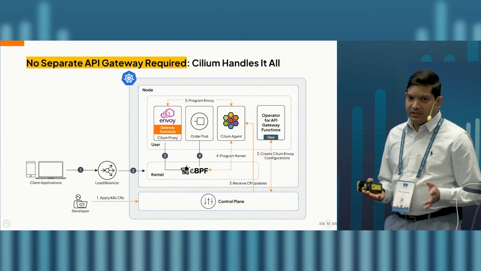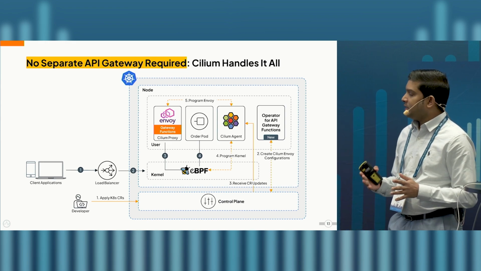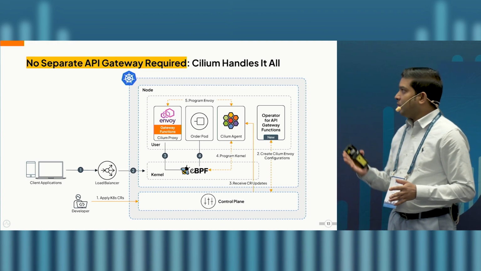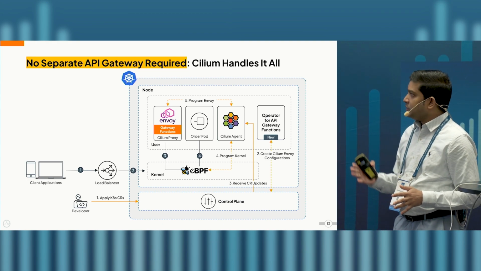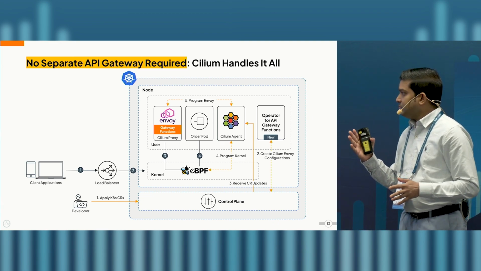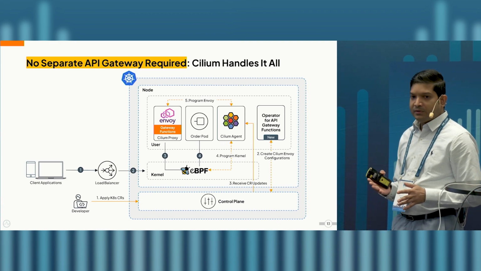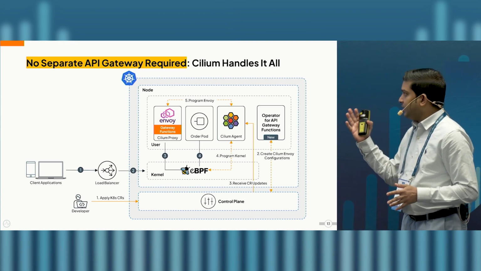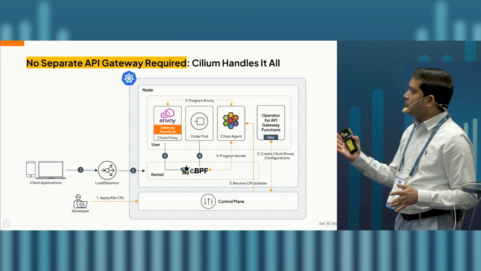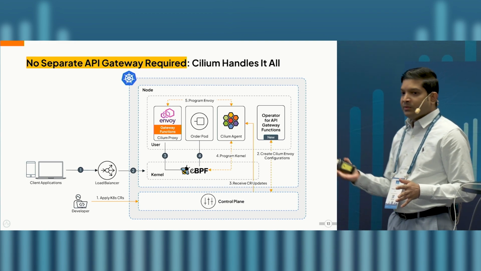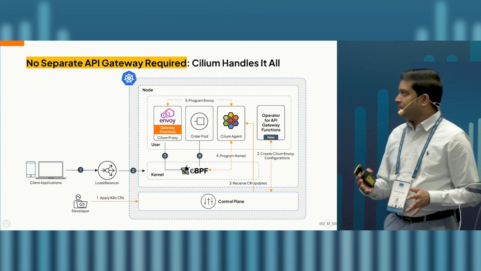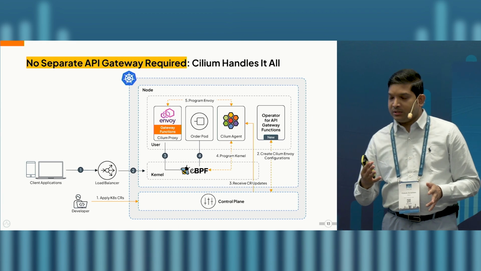So going in that direction, what happens if you place the gateway functions in the Cilium proxy itself? This is how it looks. There is a new Kubernetes operator handling the CRs applied by the developer, and it creates the Cilium Envoy configurations, which go to the Cilium agent, and the agent programs the Cilium proxy, adding gateway functions into the Cilium proxy itself.